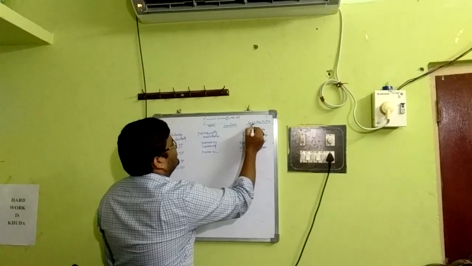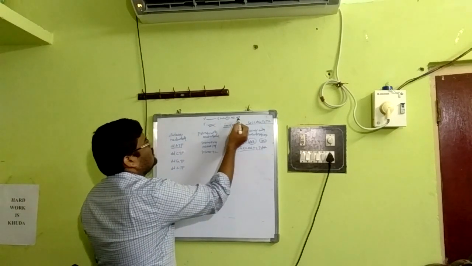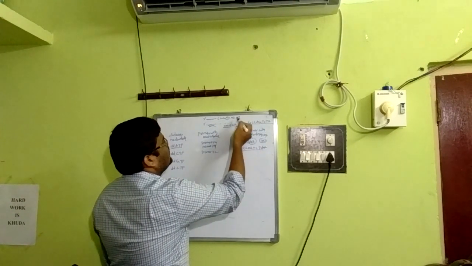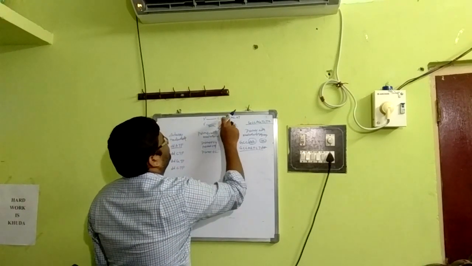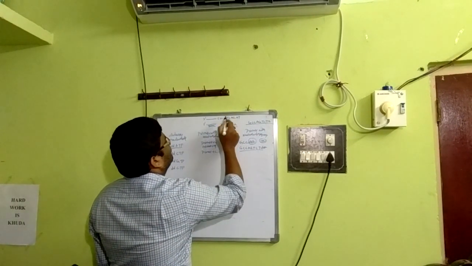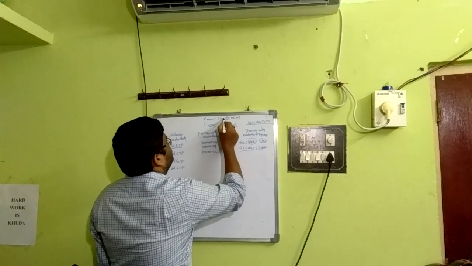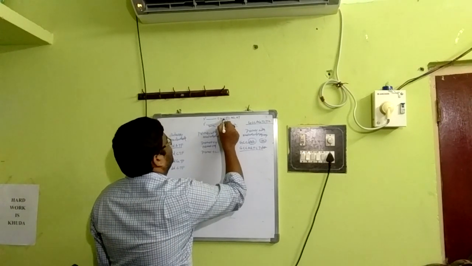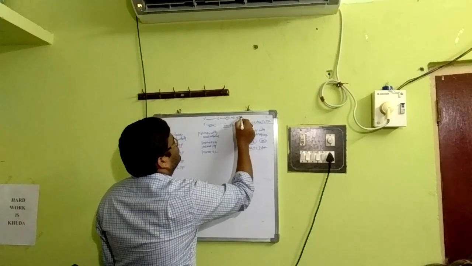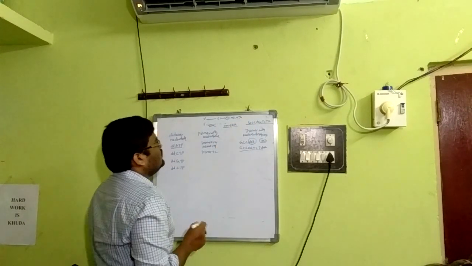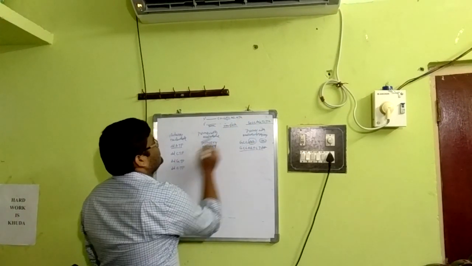On the second position itself. At the same time, for understanding, we can shuffle here: G, C, C, then G. That means another G will be there.